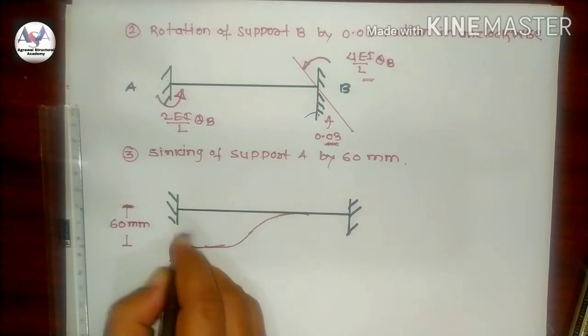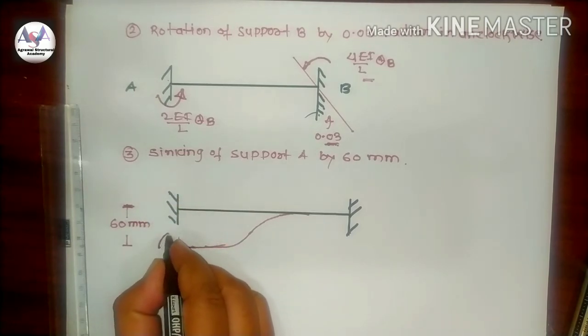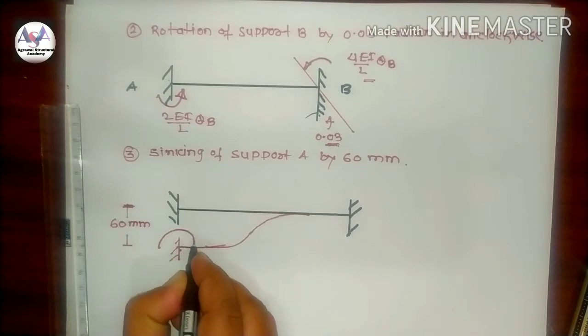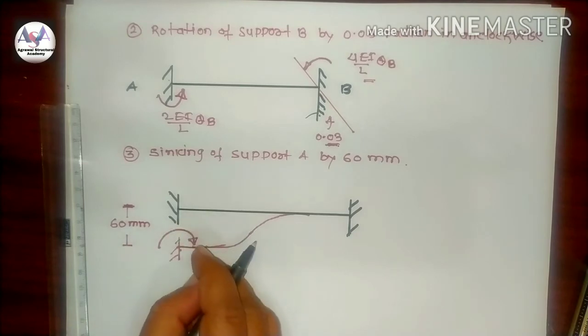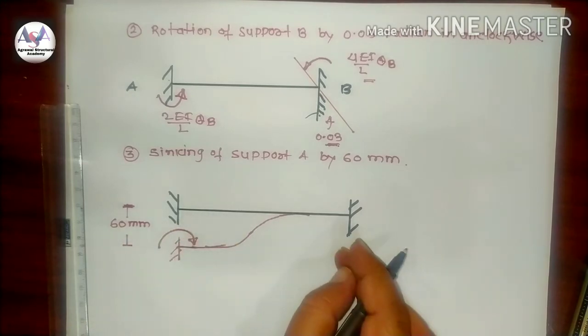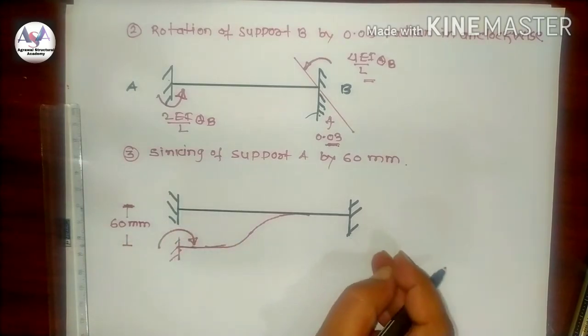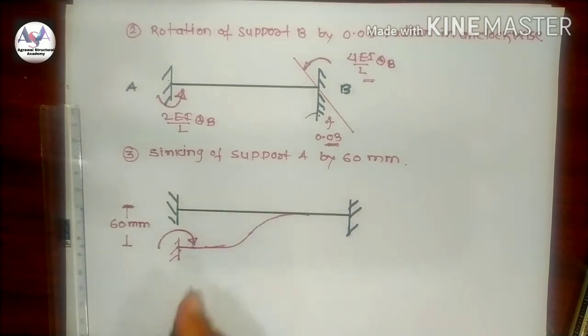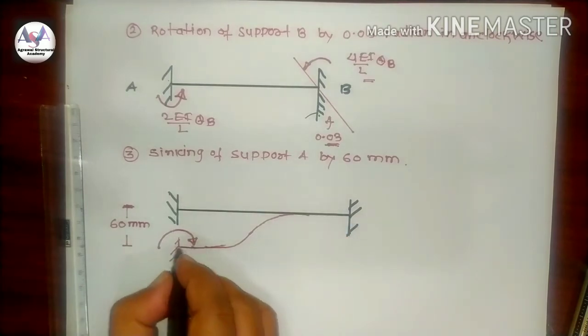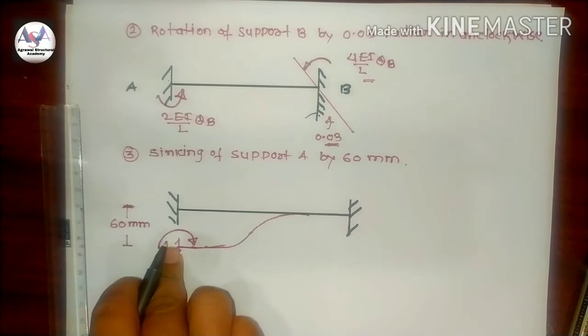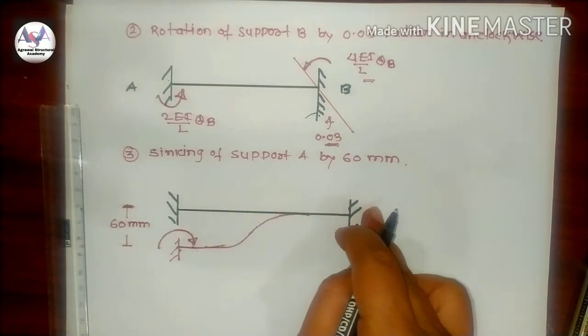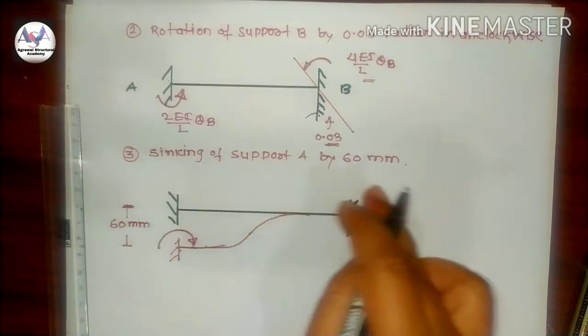Due to the sinking of this support, a moment is automatically produced like this, a downward pushing. The direction is always downward pushing if support A sinks. This automatically produces the moment at support B in the same way and with the same magnitude.